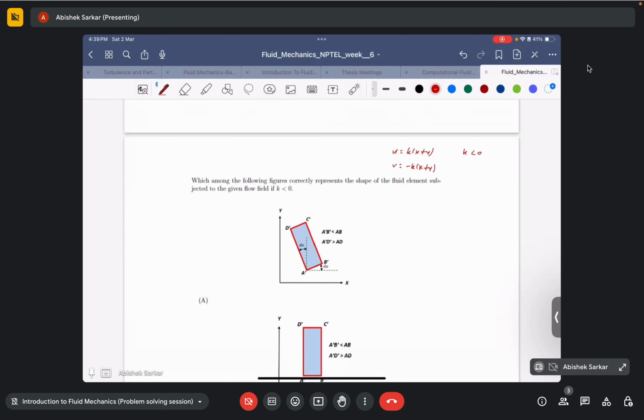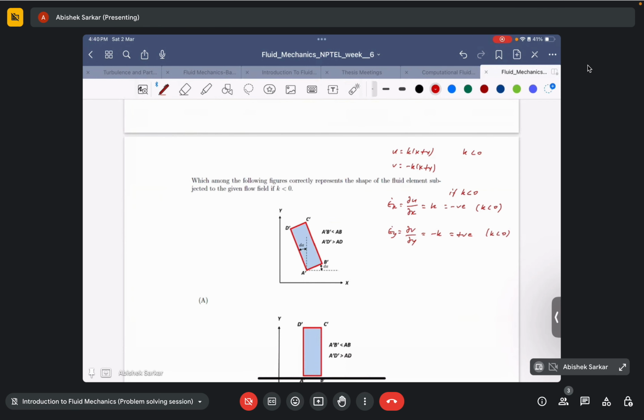Let us look into the linear deformation along the x direction, which is equal to k, and if k is less than 0 then it is negative. Then, let me write e dot y so that you are not confused, dou v by dou y is equal to minus k, which is positive if k is less than 0, because negative would make it positive. So e dot y is positive.